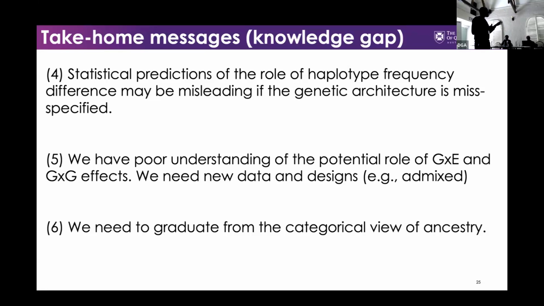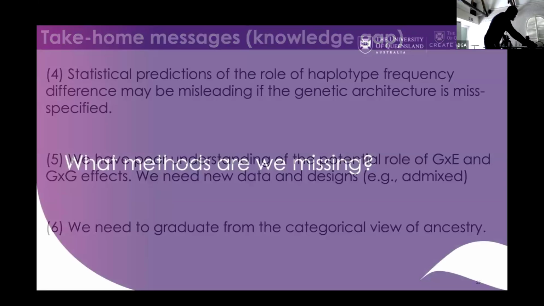And I think what we need is something more continuous. If someone has a gradient of different ancestries, how can you use that information to have the proper prediction? And so I think this is again a space where we need to bring more knowledge.